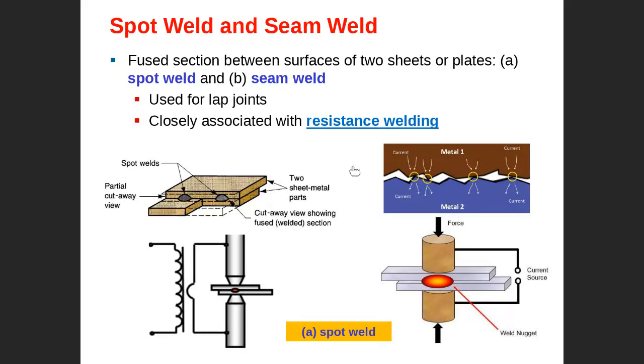Why does it happen like this? Actually, we call this resistance welding. What happens if you magnify this area? If you magnify this area, you can see this is material one, this is material two. This is the interface between the surface of material one and the surface of material two.